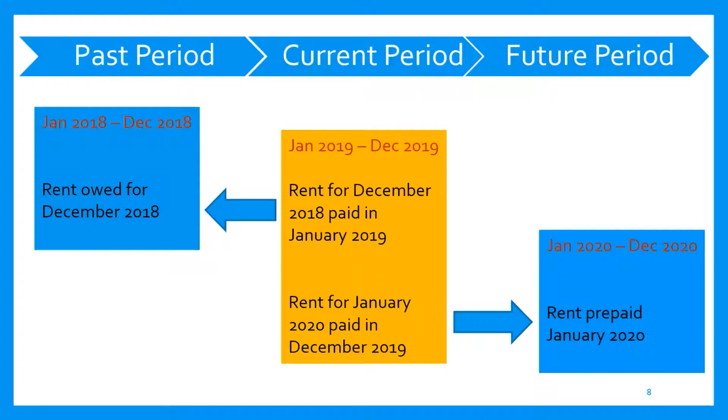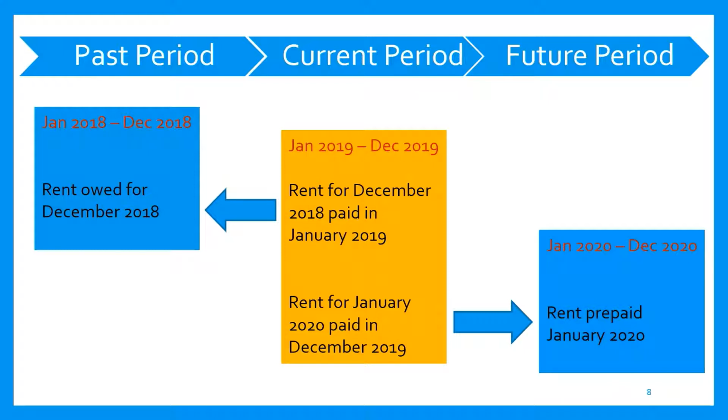In the same way, if the tenant paid rent for January 2020 during 2019, you would have to deduct it from the amount you received during the year.